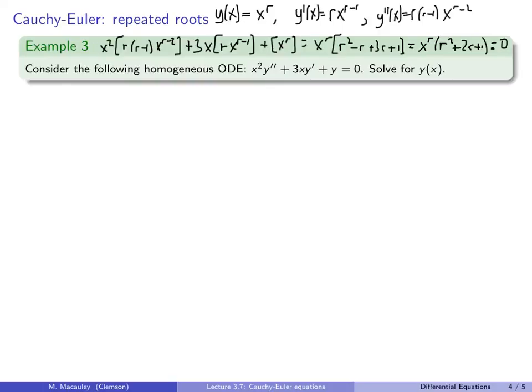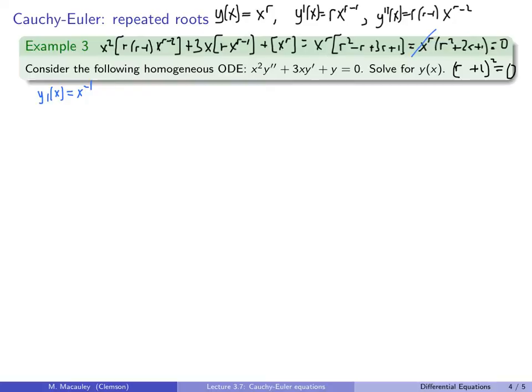We divide out x to the r because that's never identically 0. And so we get r squared plus 2r plus 1, which is (r plus 1) quantity squared equals 0, so r equals negative 1. That means we have a solution of the form y1 of x equals x to the minus 1.